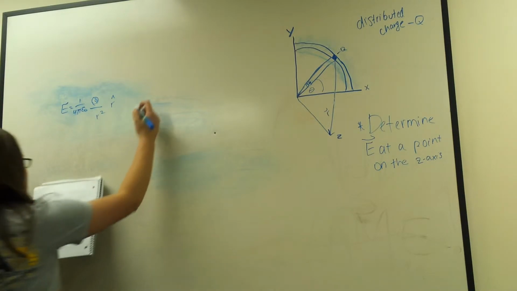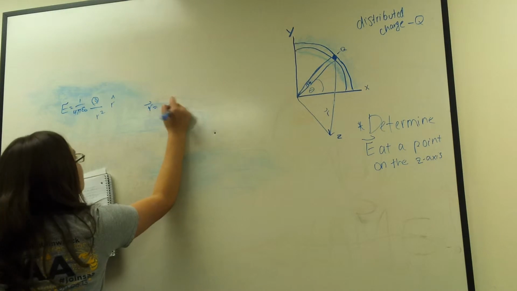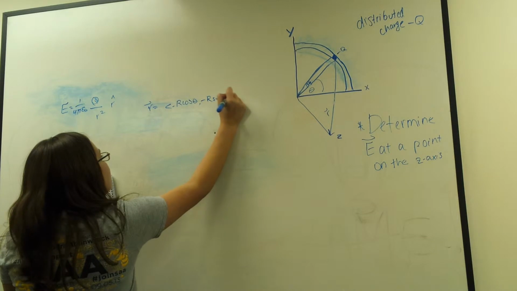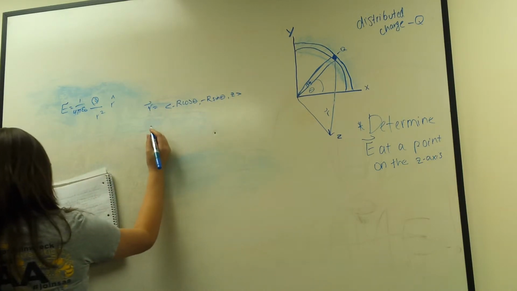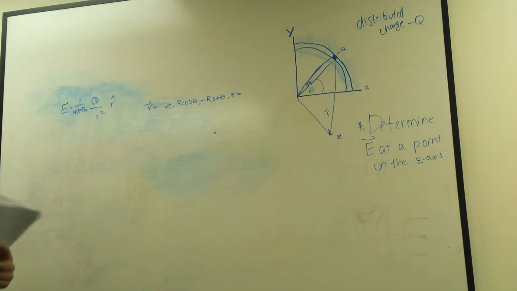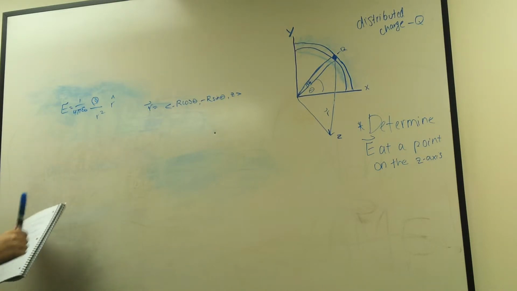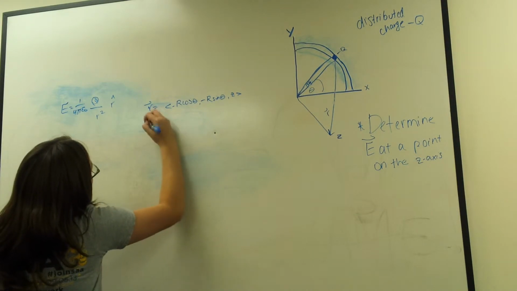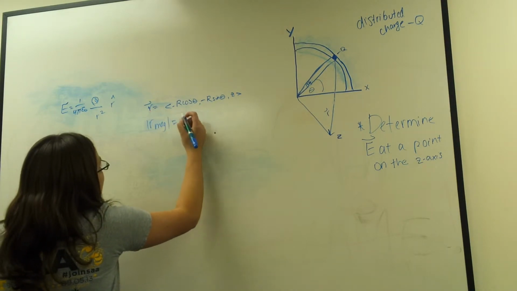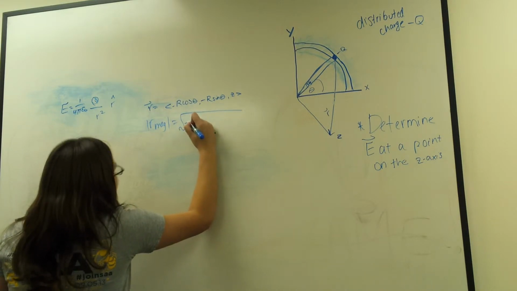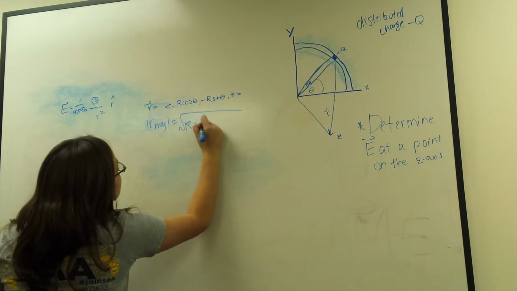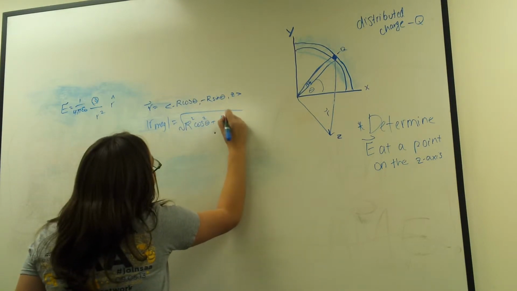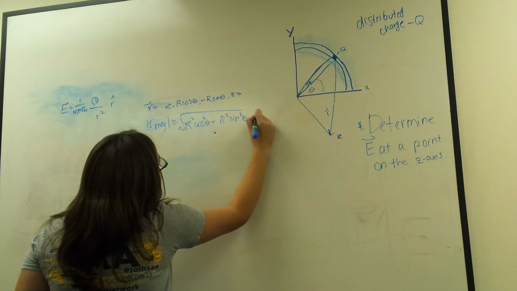We know from the previous problem that the R vector is equal to negative R cosine theta, negative R sine theta, and Z. We need to figure out the magnitude so we can plug it in for R hat. Our magnitude is just going to be the square root of R squared cosine squared theta plus R squared sine squared theta plus Z squared.